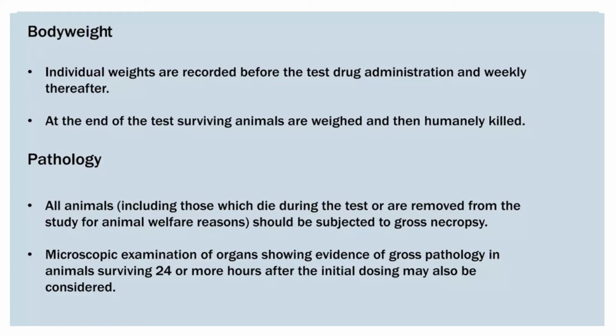So body weight we have to check weekly, meaning you have to check first on day 0, then day 7 and day 14. At the end the animals are weighed and humanely killed. While if any animal is about to die or is in a morbid condition, then we first take the weight and then we kill or sacrifice it.